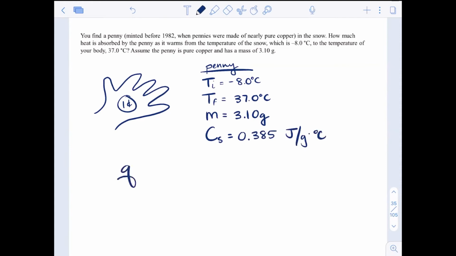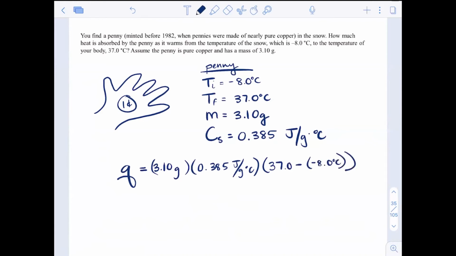Now, Q of the penny is equal to 3.10 grams times 0.385 joules per gram degrees Celsius times final minus initial. Again, with these state functions, be very aware that we need to have the proper setup for our overall energy exchange.